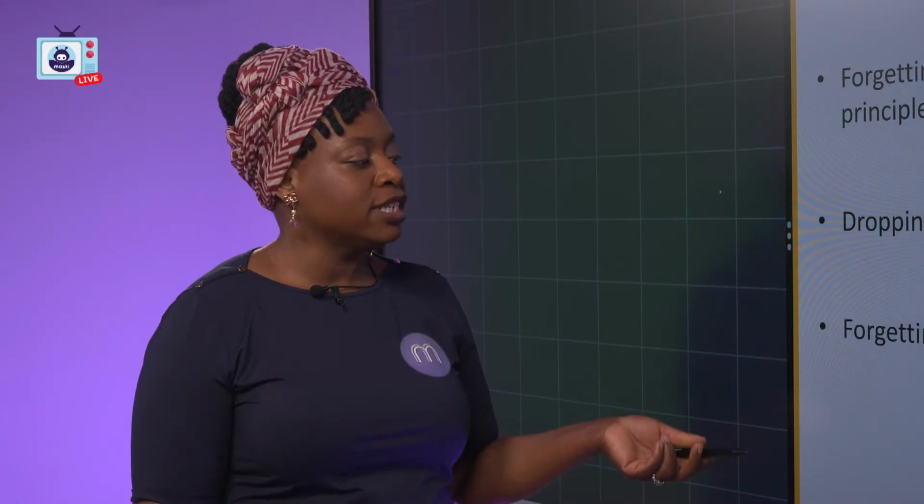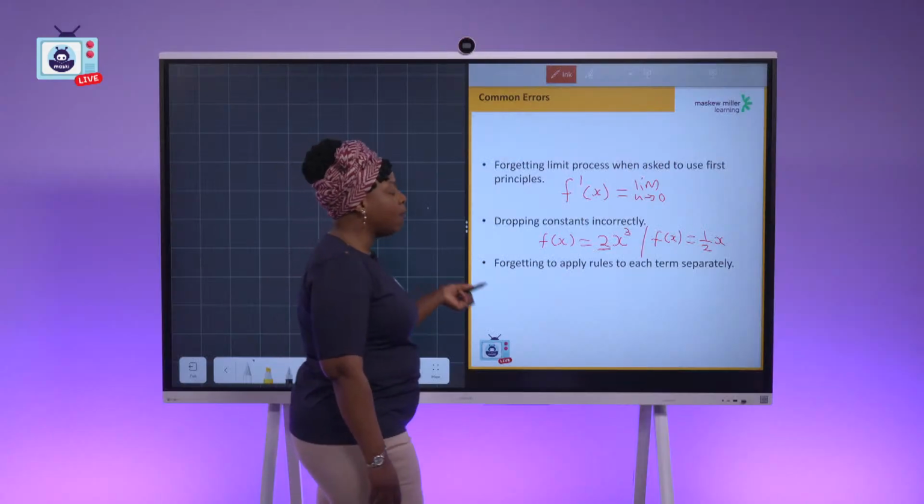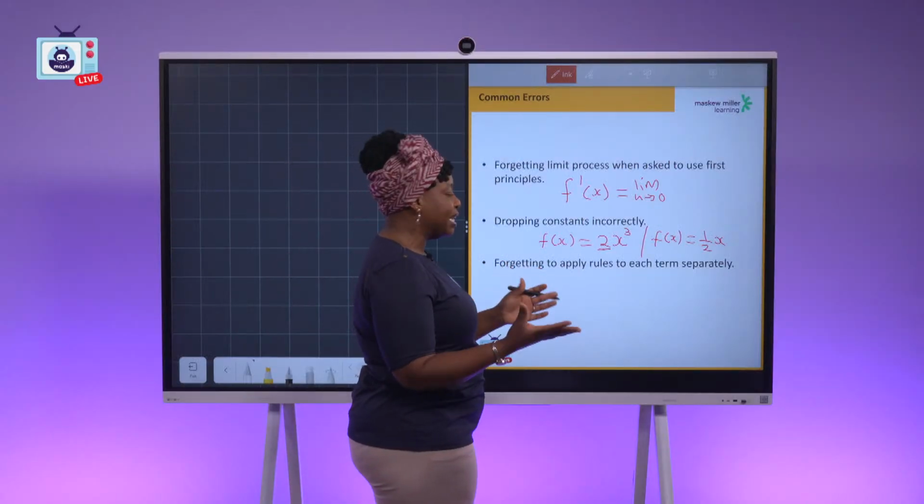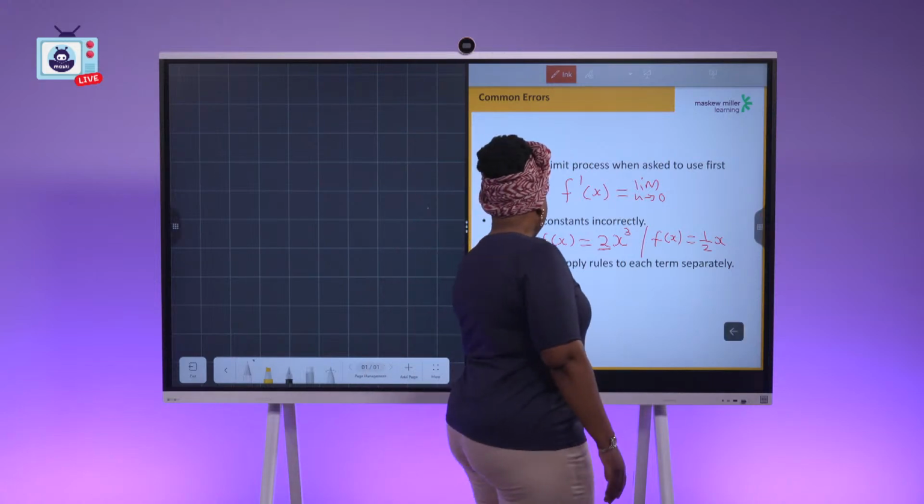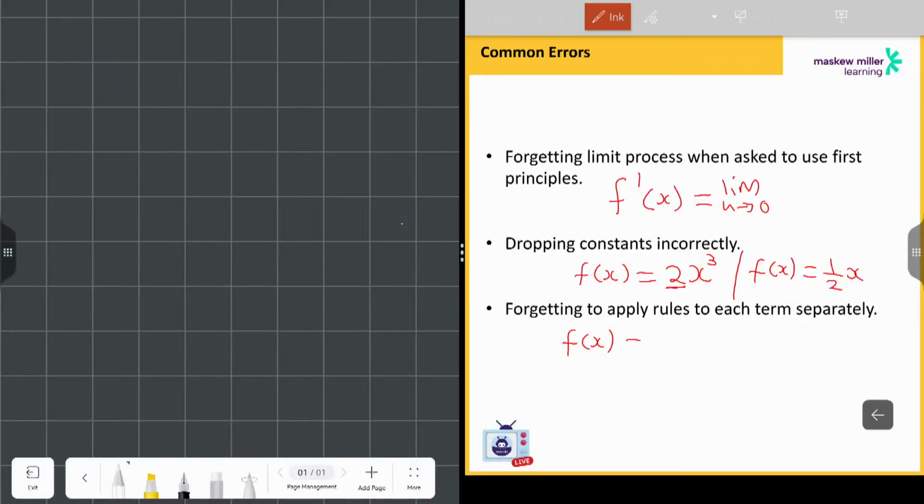Some forget to apply the rule when we have separate terms. That example will be if you are given, for example, a function that has 2x squared minus 3. When you derive, remember that you must derive each and every term by itself.